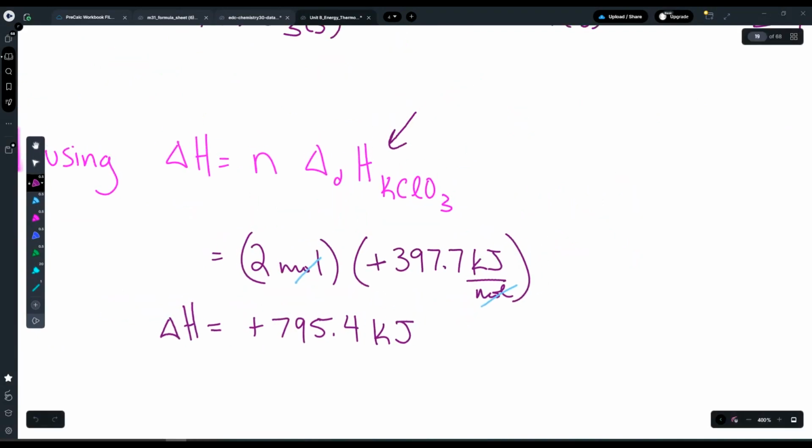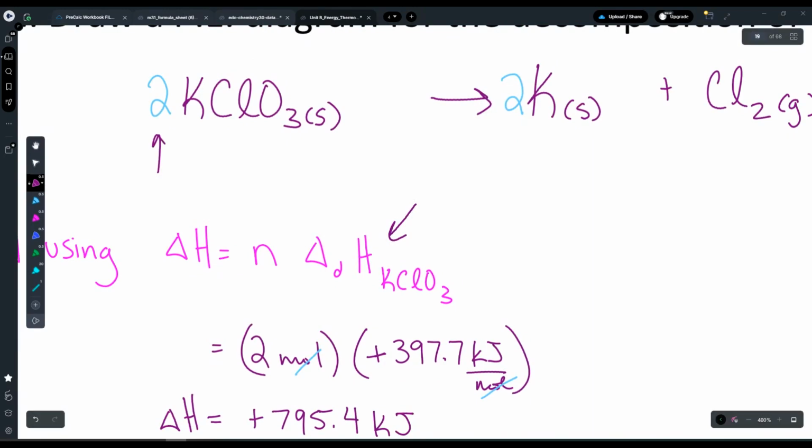So I multiplied that by 2, which is coming from the coefficient on potassium chlorate, multiplied by the molar enthalpy of decomposition of potassium chlorate specifically. Remember, your moles and your molar enthalpy have to belong to the same substance.